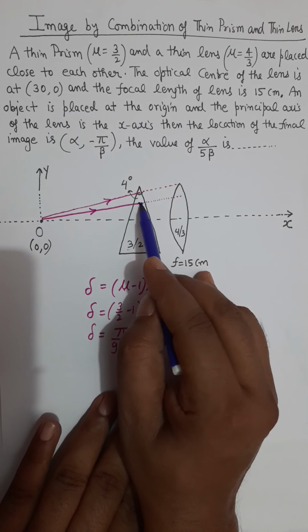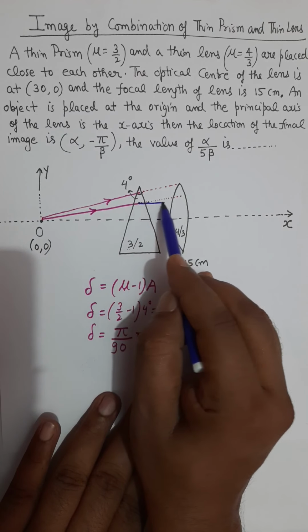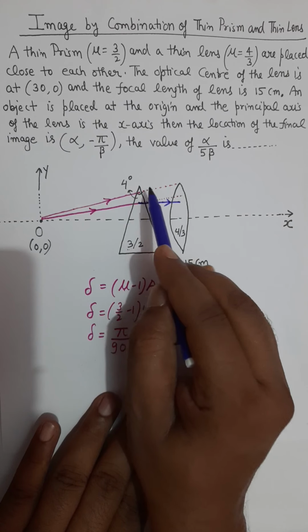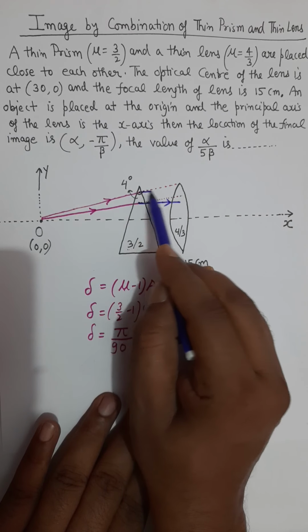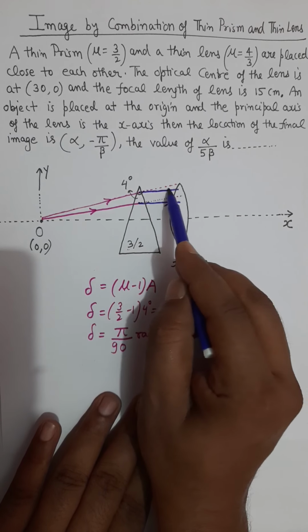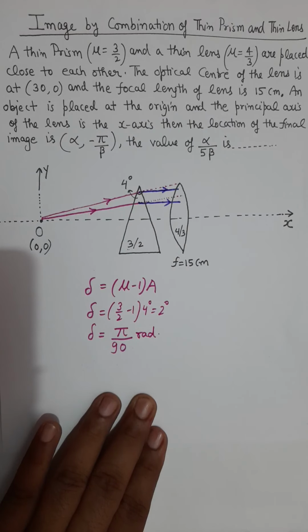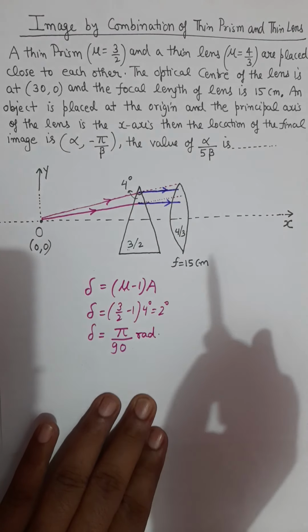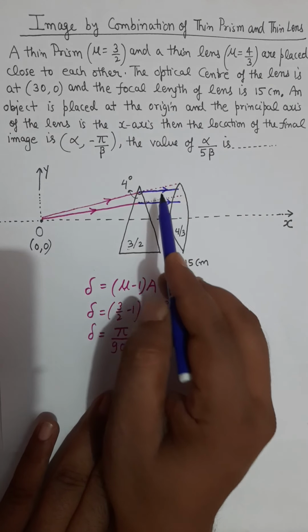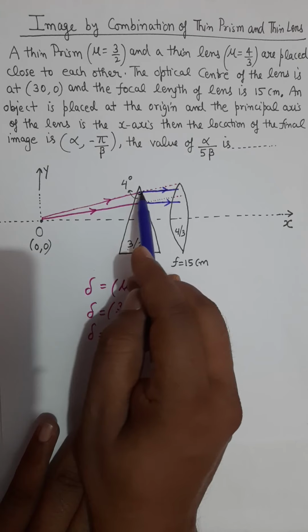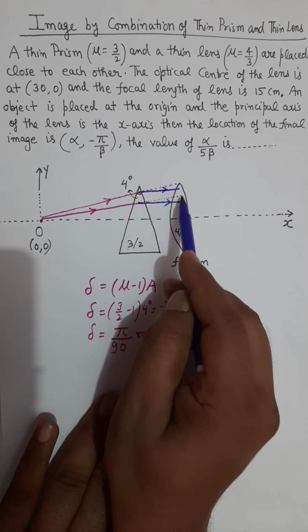If I deviate this ray by 2 degree angle, and if I deviate this ray by 2 degree angle, I would suggest that please use proper pen and pencil, scale, all the geometrical tools. Then only you can convince yourself that after deviation by 2 degree angle, these two rays will fall on the lens.